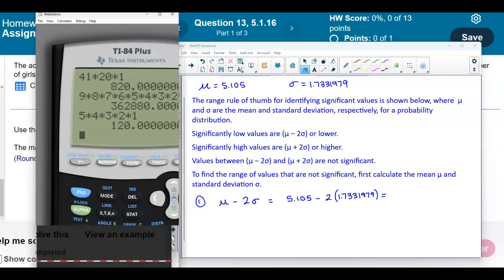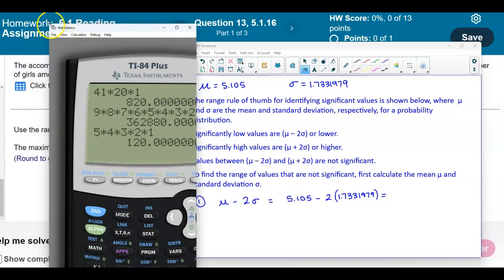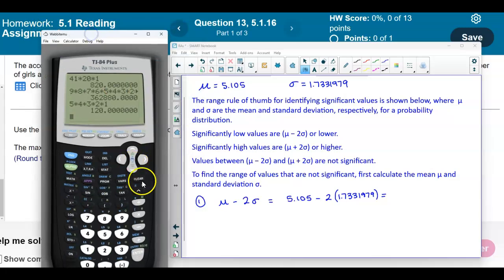So on our calculator, I'm going to do the following. So we have 5.105 minus 2 times 1.7331979, and then let's hit enter, and therefore we get the following value.